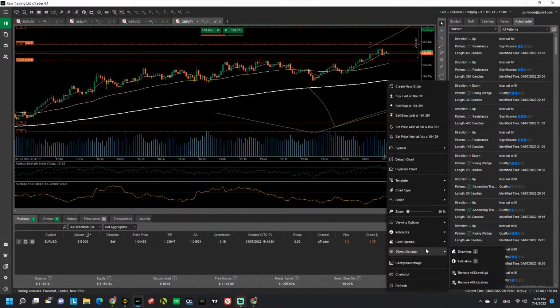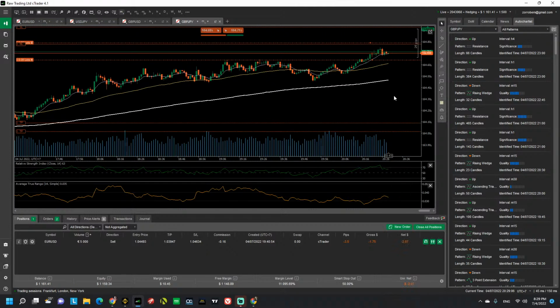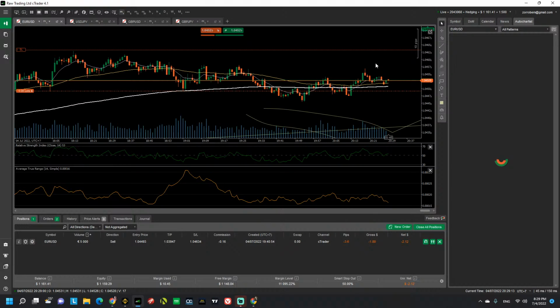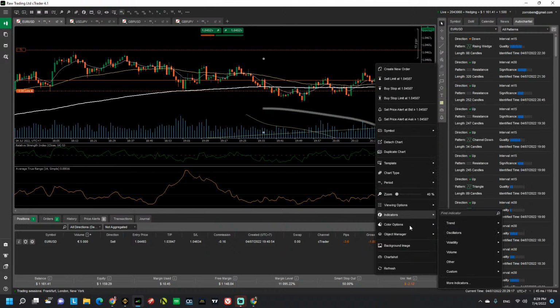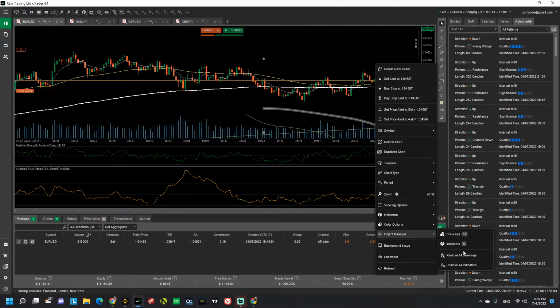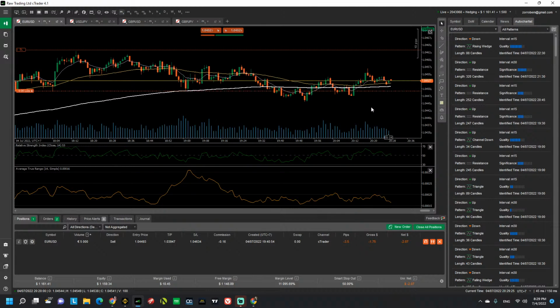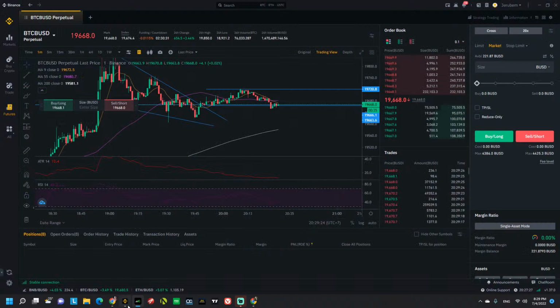Just remove these drawings. Even crypto is not really moving right now.